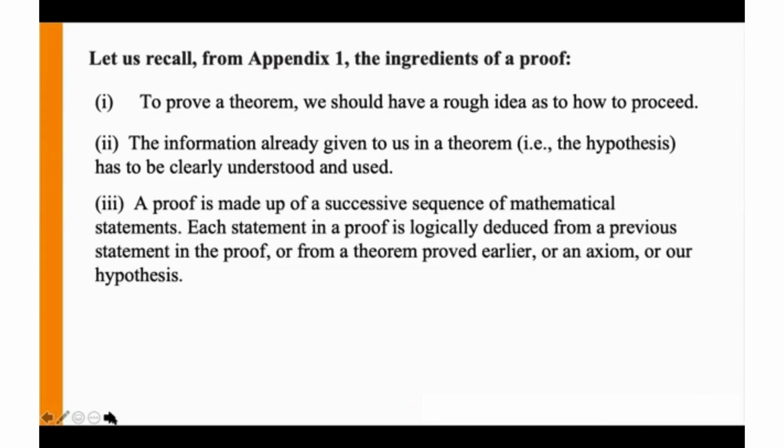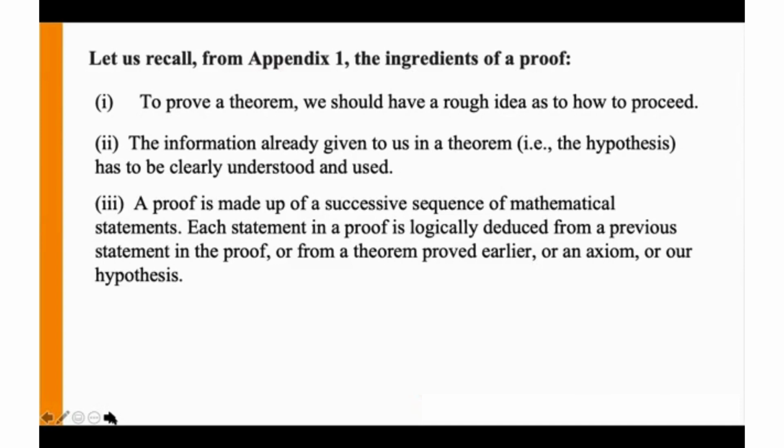Next, a proof is made up of a successive sequence of mathematical statements. Each statement in a proof is logically deduced from a previous statement in the proof, or from a theorem proved earlier, or an axiom, or our hypothesis.